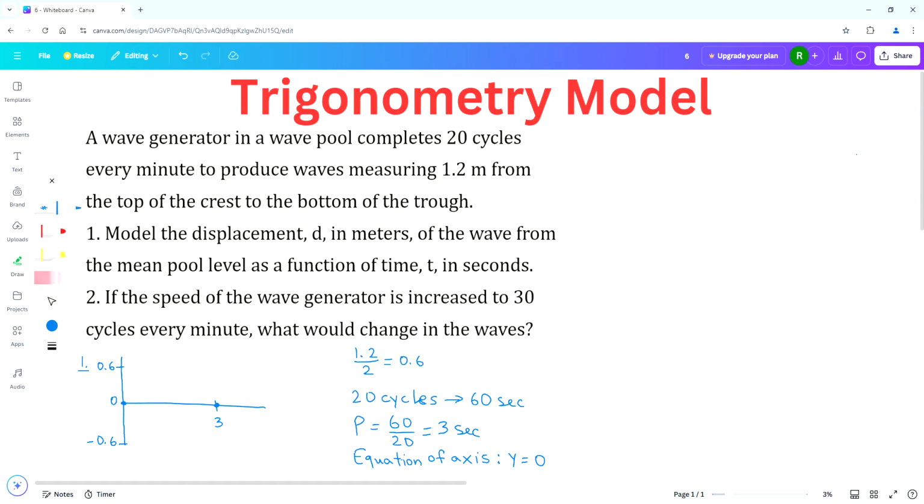We can assume that as the first wave starts, the water level first goes up, then comes down, and then goes all the way down to the bottom of the trough, and then goes back to the mean level. So we can use sine function to model the displacement. The general equation for a transformed sine function is shown.